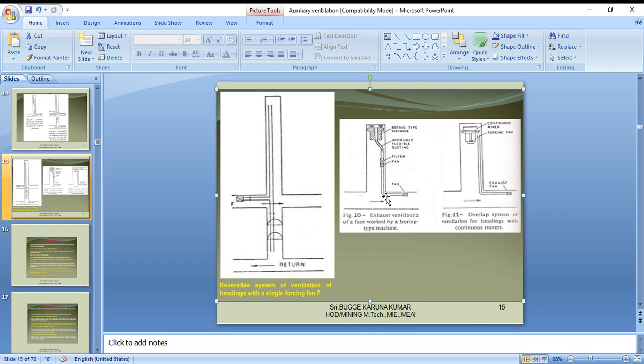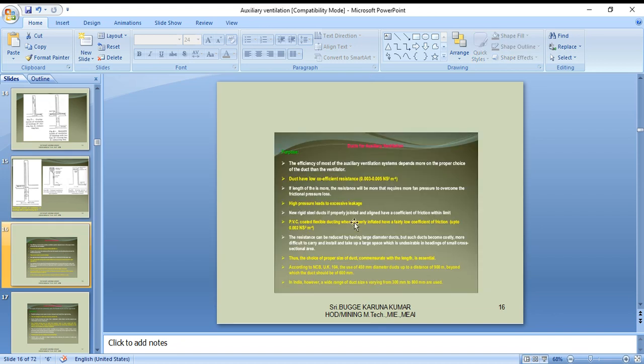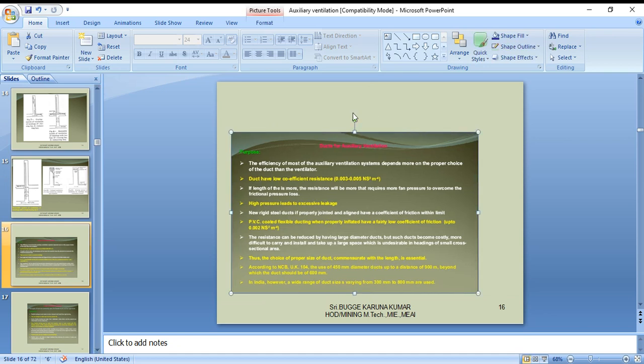So this is a unique operations concern. Further, going to some literature on the auxiliary ventilation system.